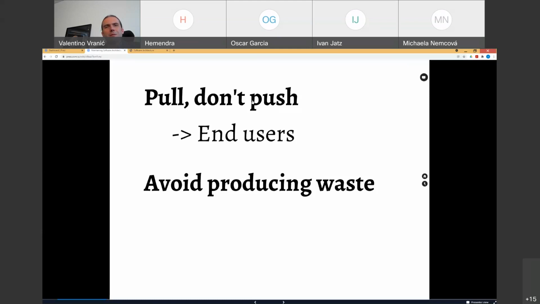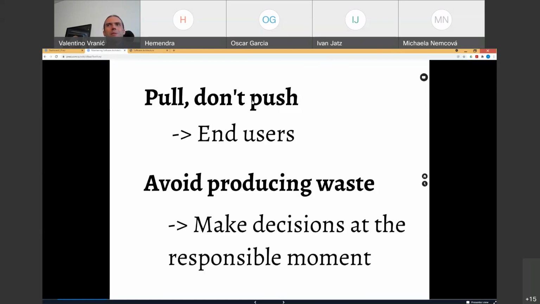Then they will simply be there with us, and having them around means having to take care of them. And in our parlance now, referring back to the title of the lecture, means to maintain these things. So we don't want to produce waste that we will need to maintain later.